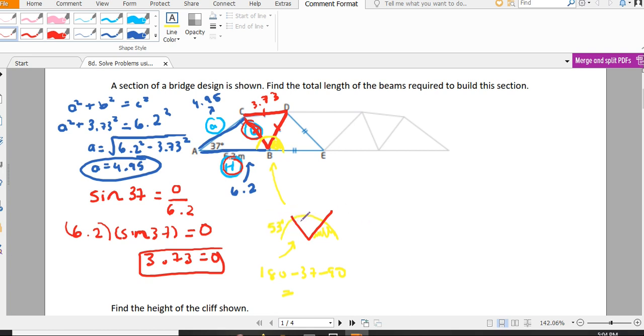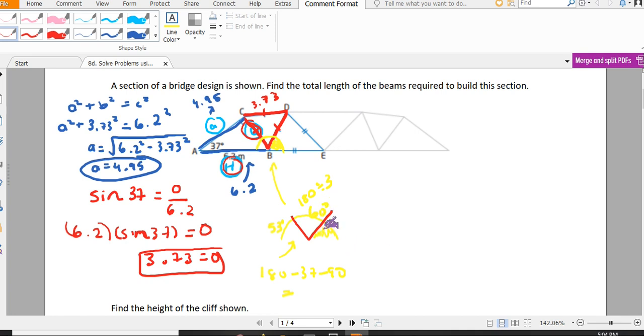Now how do I find this angle here, the tip of that red triangle? Remember how I said all three of these sides are the same? Well, if the three sides are the same, then the angles are also the same. Think about an equilateral triangle. So what's 180 divided by 3? Then that means in here is 60 degrees.